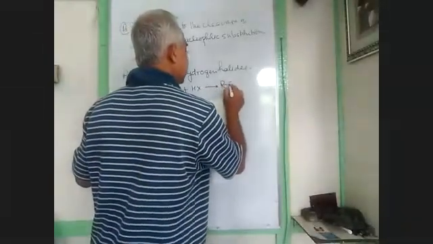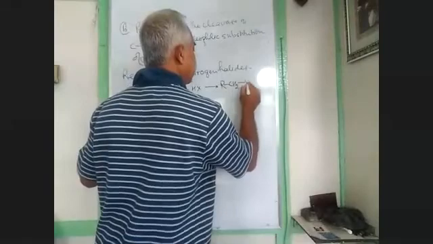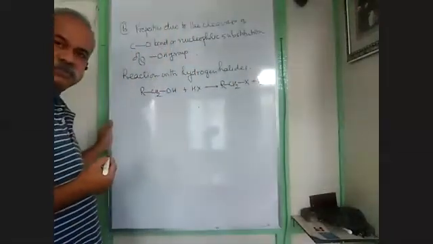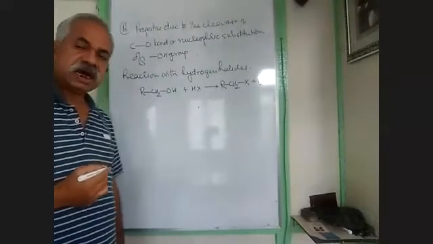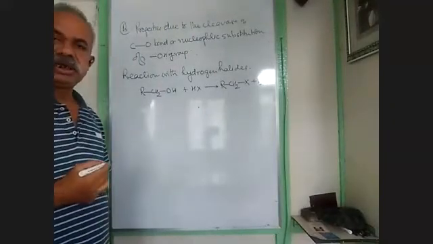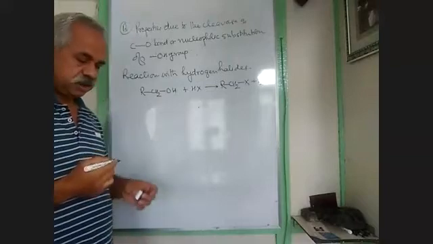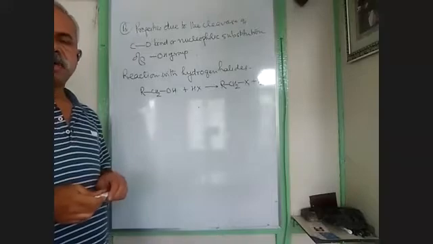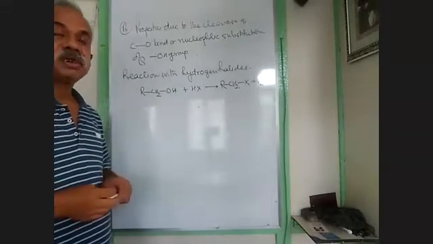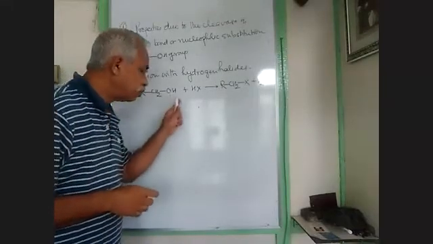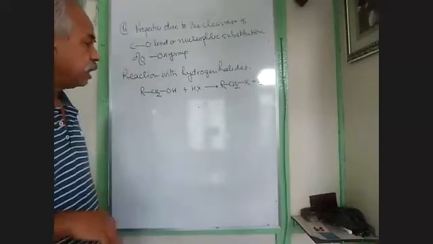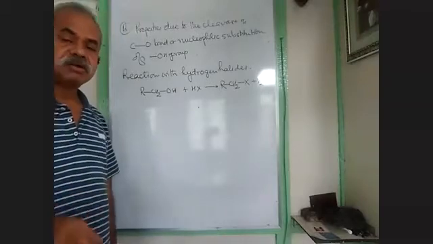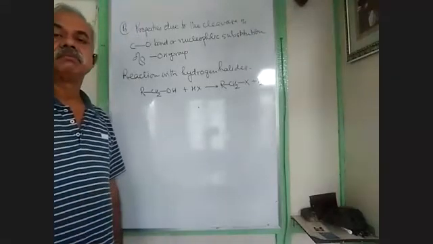See, in the chapter of haloalkane, we have done all this reaction. But I told you, it is a natural phenomenon that the strong always replaces the weak. But if you compare the nucleophilicity of hydroxide, which is going out, with the incoming group X minus, we find hydroxide is stronger than halide.